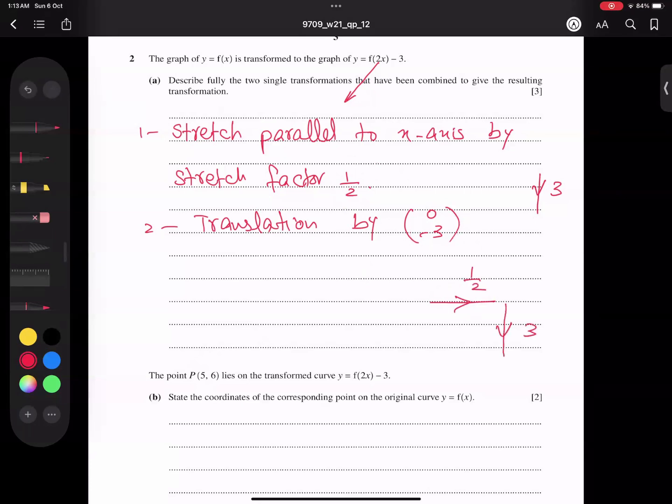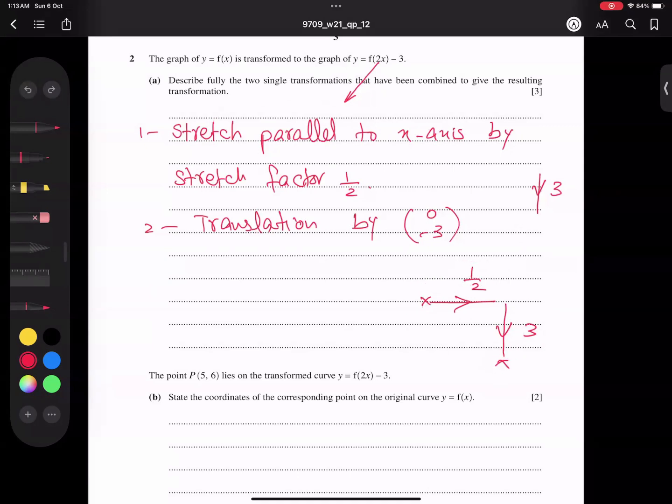Because we are looking for the original, the first step was the stretch parallel to the y-axis, then it goes down. So this is the original point, this is the transformed one. After transformation we got this, but I need the answer back.